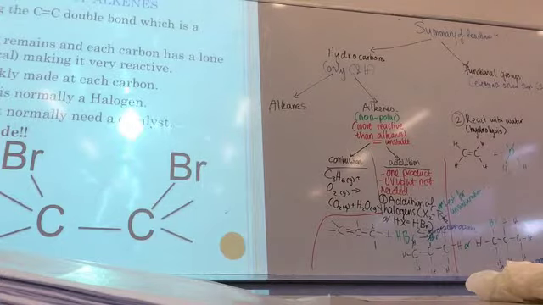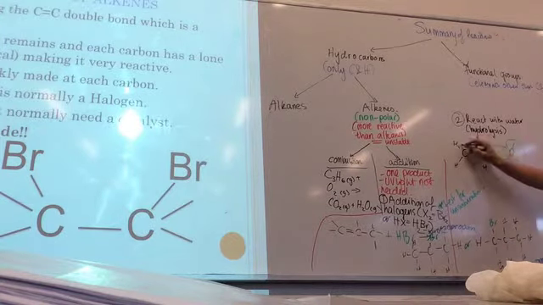What do you think our product will be? It is an alcohol. This OH, guys, goes to one side, and this H goes to the other side to produce ethanol.